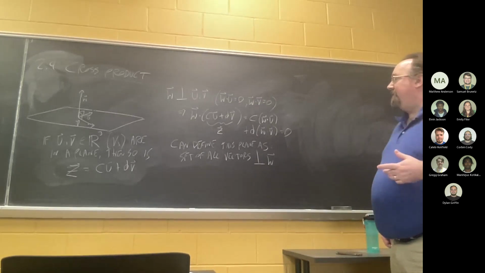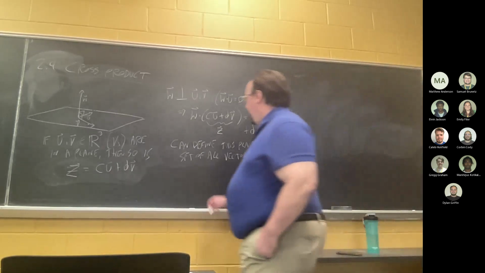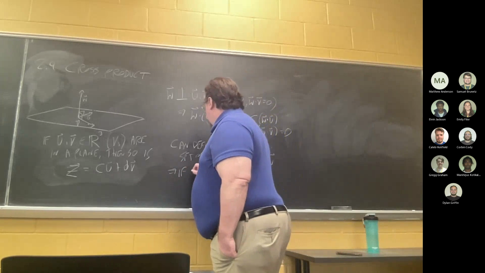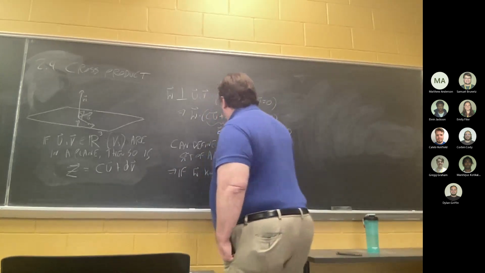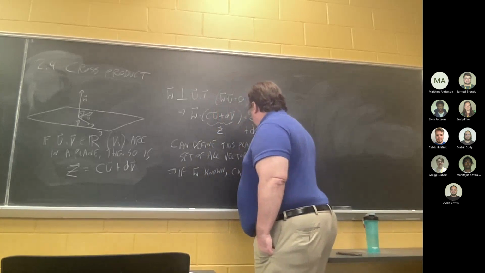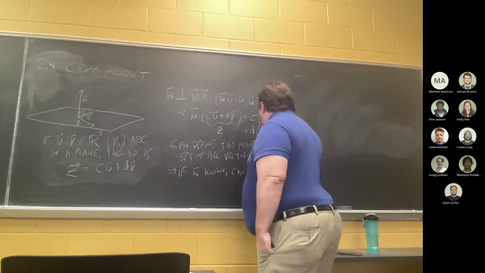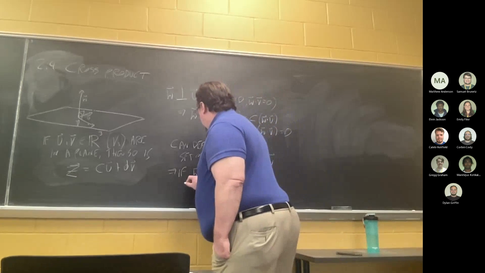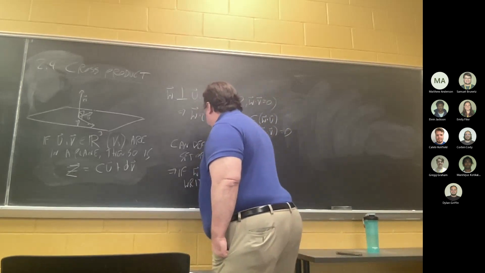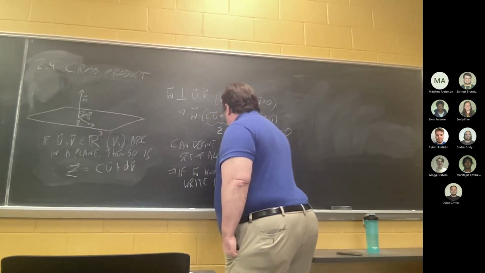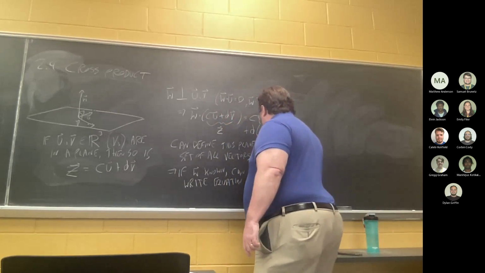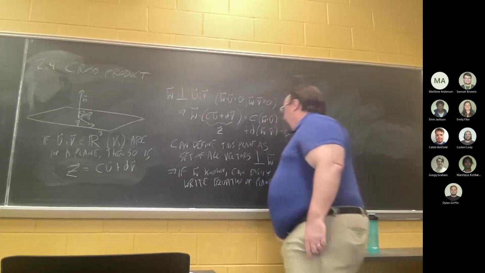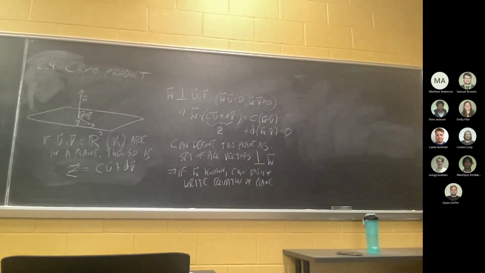The reason why I'm telling you this is, if a vector W is known, then that makes it easy to come up with an equation of a plane. So it'd be nice to have some way of coming up with it.